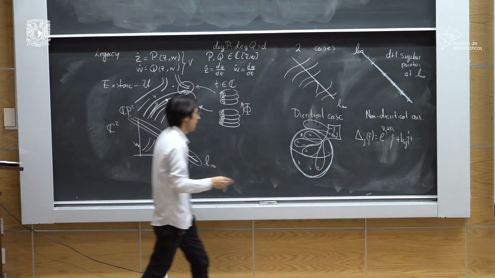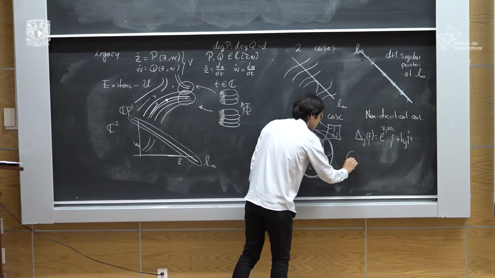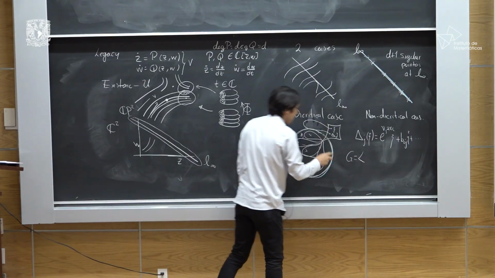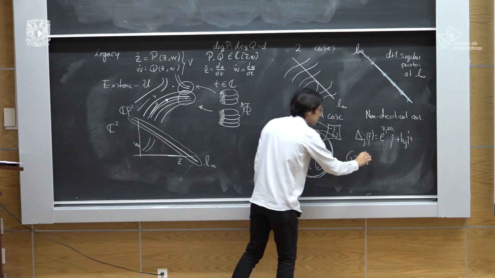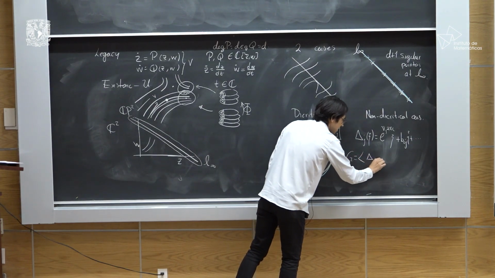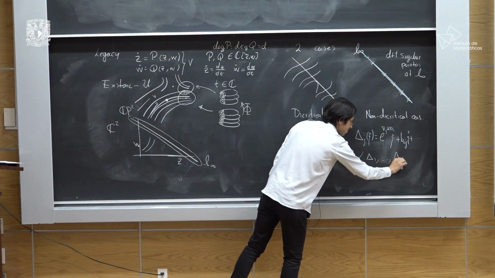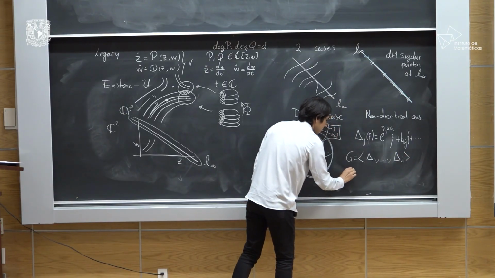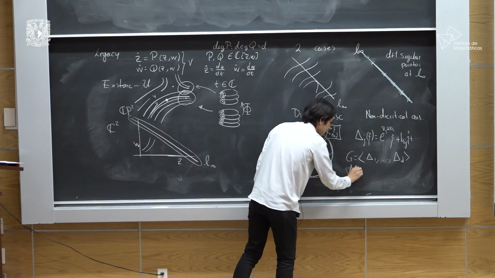And the group generated by all the monodromy transformations is the so-called monodromy group at infinity.